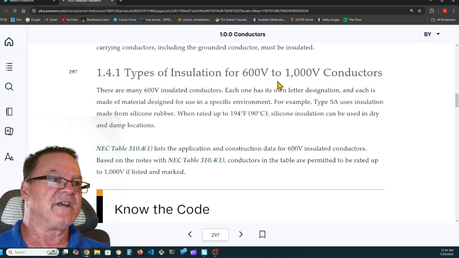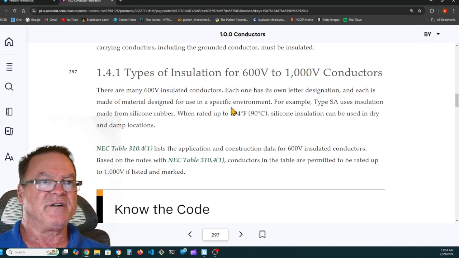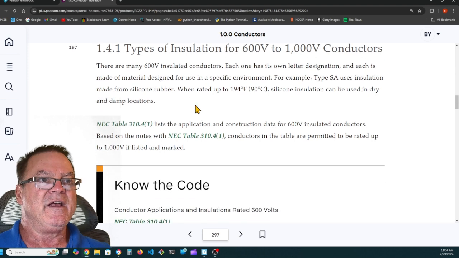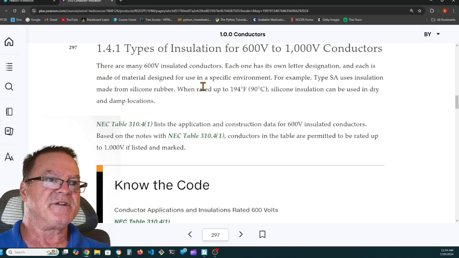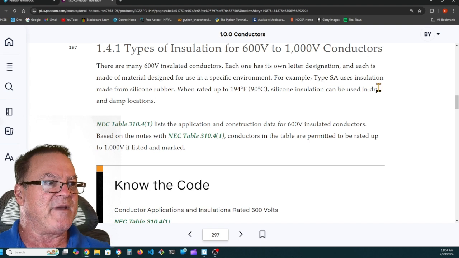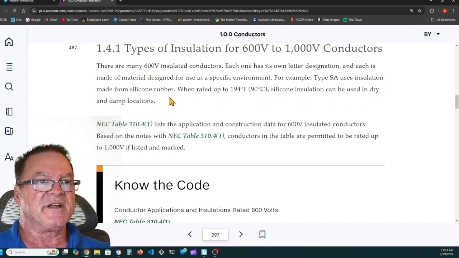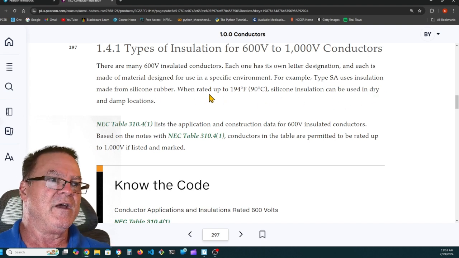1.4.1 Types of insulation for 600 volt to 1000 volt conductors. There are many 600 volt insulated conductors. Each one has its own letter designation, and each is made of material designed for use in a specific environment. For example, type SA uses insulation made from silicone rubber.